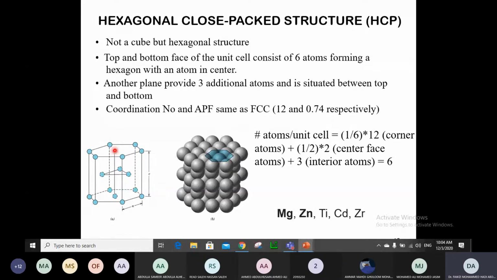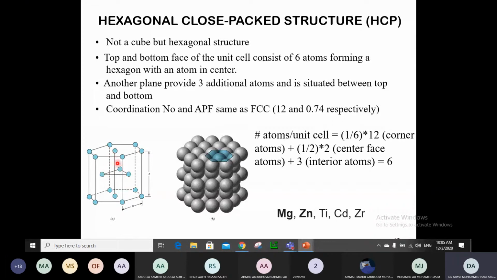From this layer, from this plane, you can see the atoms touching are these 6 atoms. These all 6 atoms are touching this atom. In addition to these 6 atoms, these 3 atoms at the bottom here are also touching.